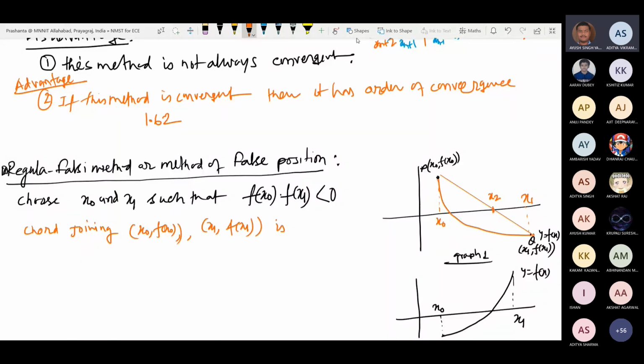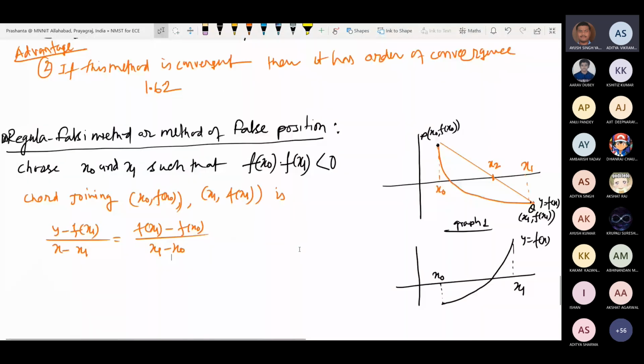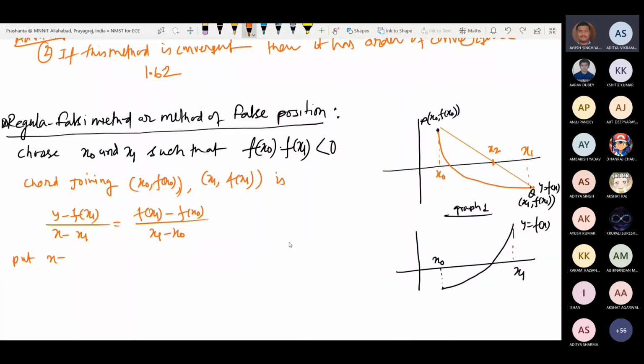That will be y minus f of x1 by x minus x1 equals f of x1 minus f of x0 by x1 minus x0. And in this relation, to find the next approximate root, put y equals 0 and x equals x2, which will be our next approximate root. So tell me the formula for x2, which you will get from the above relation.